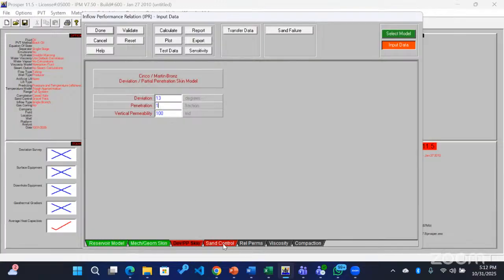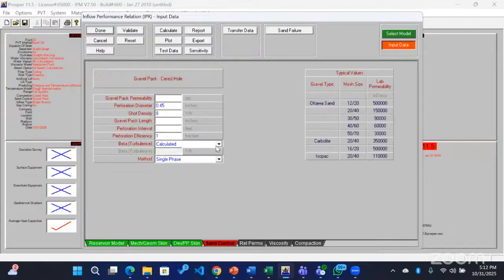Then after inputting that, our sand control, which is a very, very important value we need here. I don't know if you can see the right hand side of it that we have typical values. So gravel type, we have Ottawa sand, carbolite, and isopac.